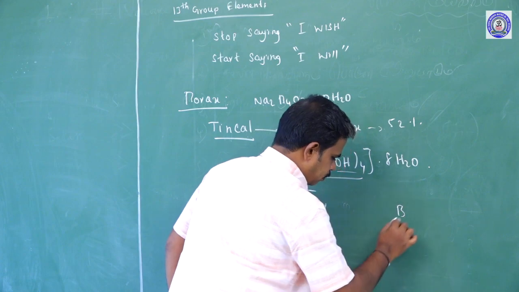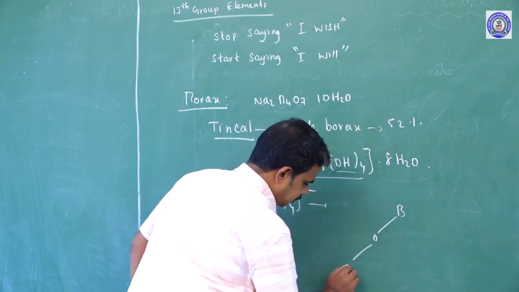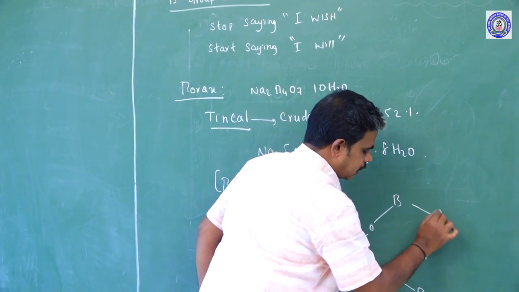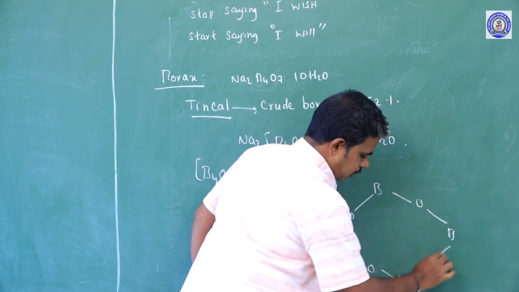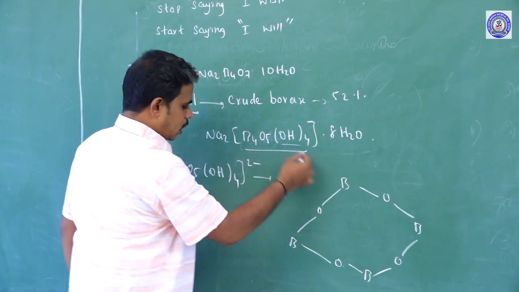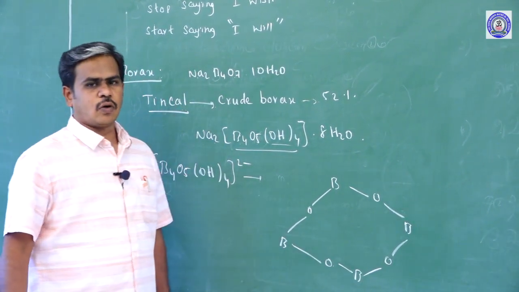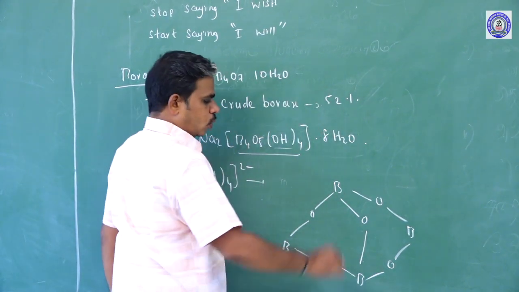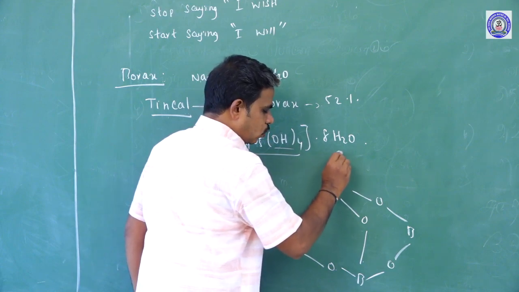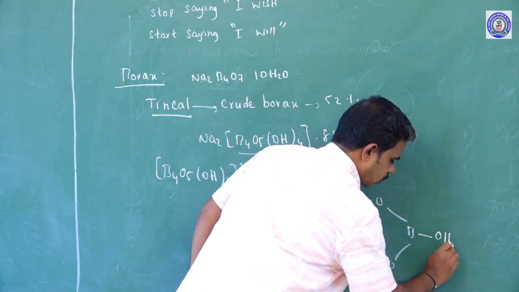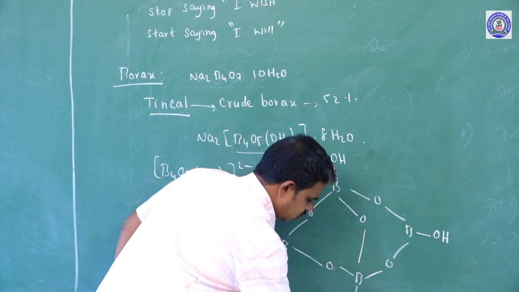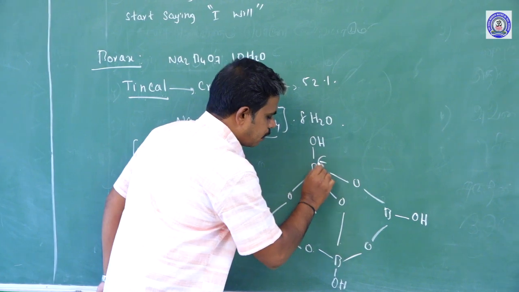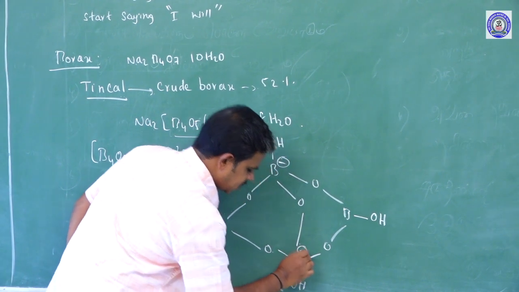Here there is boron and oxygen, boron and oxygen, boron, oxygen, and so on. So 4 oxygen are there, and one more oxygen, and here OH, OH, OH, OH, and there are 2 B minus units.